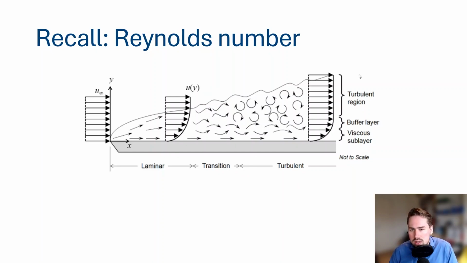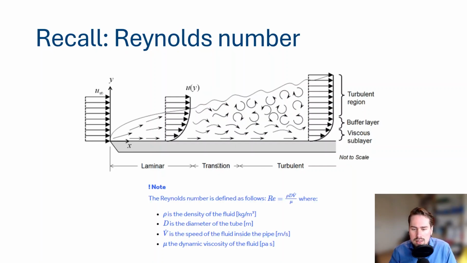Now this Reynolds number, which determines where this transition zone starts and ends, is described as follows. It takes into account the speed of the fluid inside the pipe, which depends on your flow rate, of course. But then we have the density of the fluid and the viscosity of the fluid, and these are properties of the fluid itself.